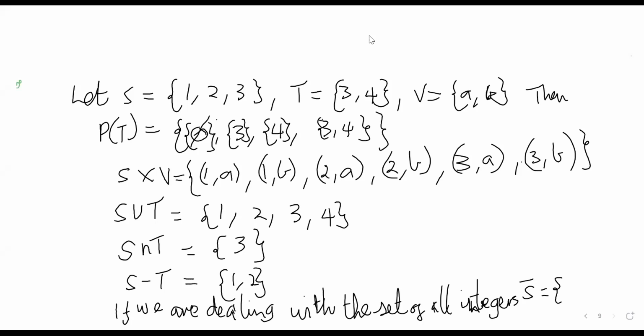So we'll have everything negative, -2, -1, 0, and we avoid 1, 2, 3. So we'll have 4, 5, and so on.